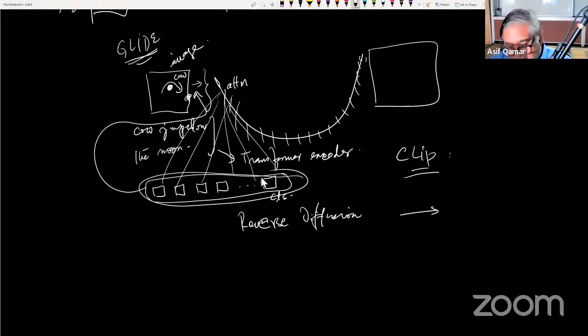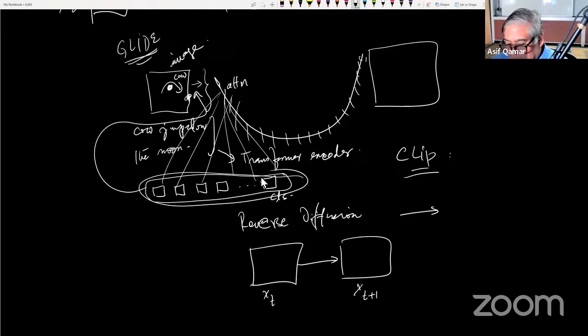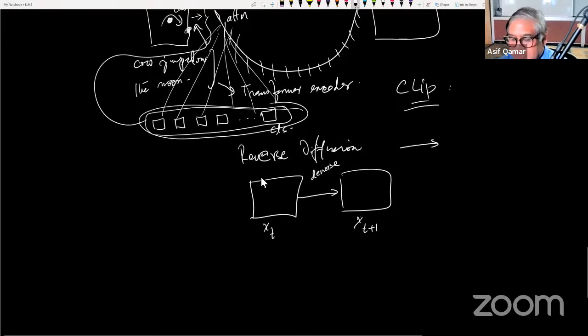Are we together? So what we can do is I can go from an image, let me just call it x_{t+1}, and I'm going to x_t. I hope I don't confuse people when I say I'm going to a cleaner image, right? Noisier, denoise. This is a denoise journey. Now I have the caption available, right?